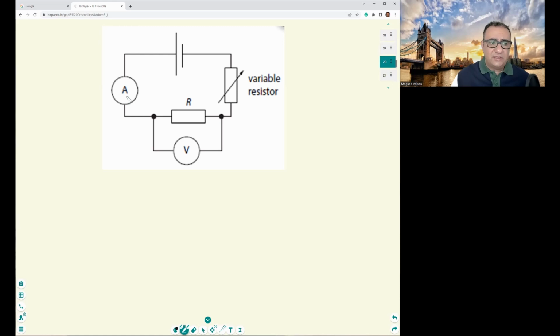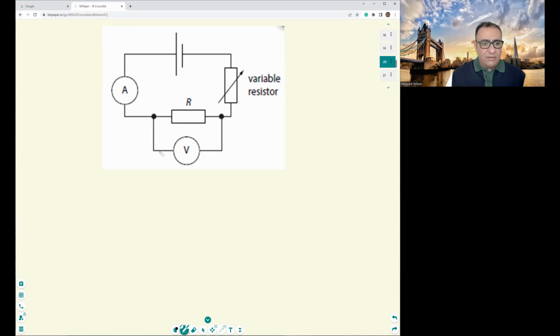Now, here is the device called an ammeter. An ammeter is a device used to measure the electric current intensity. And then we have a resistor here. When you see this symbol with an arrow like that, this is a variable resistor. That means you can change the resistance and have different readings of the current or potential difference, right?